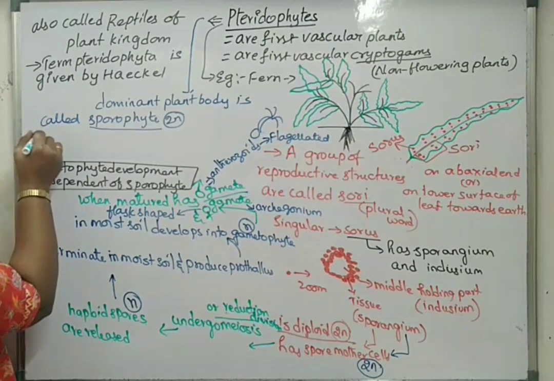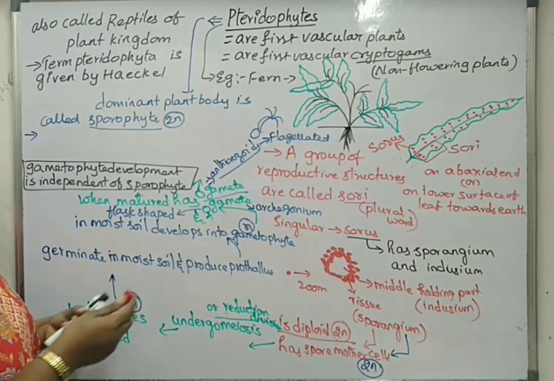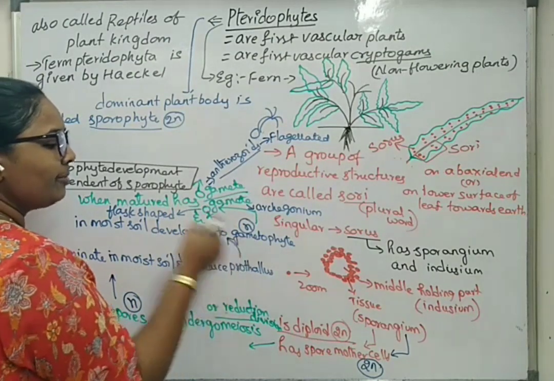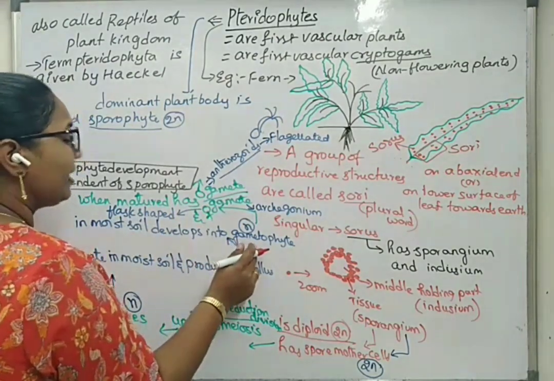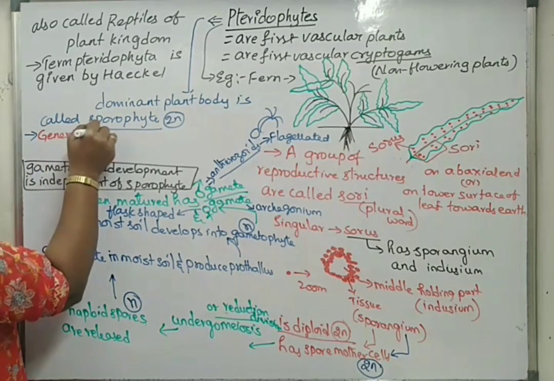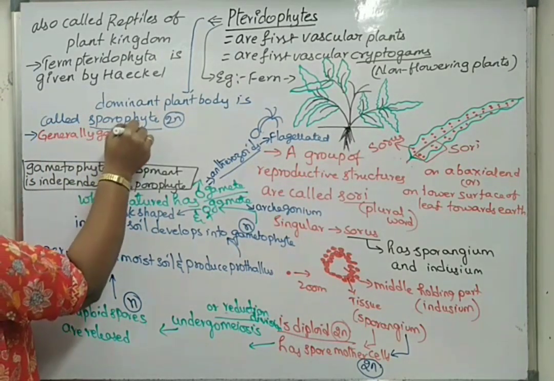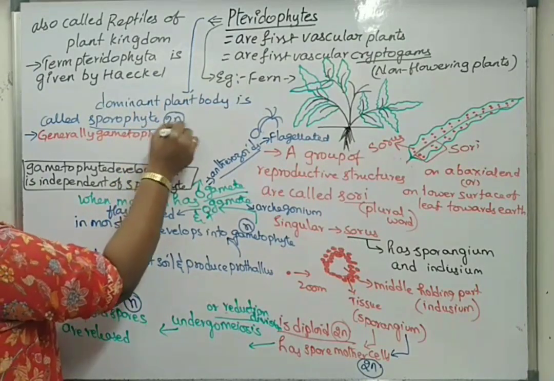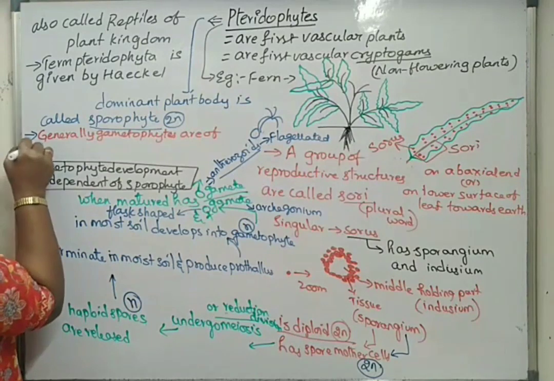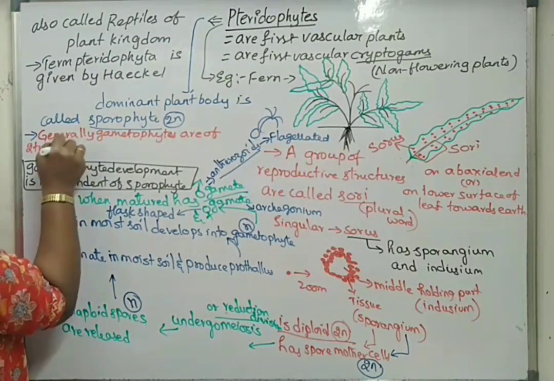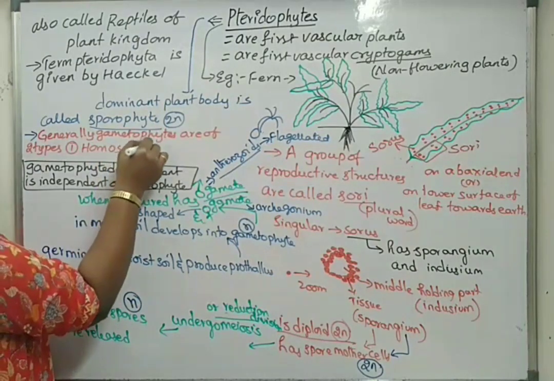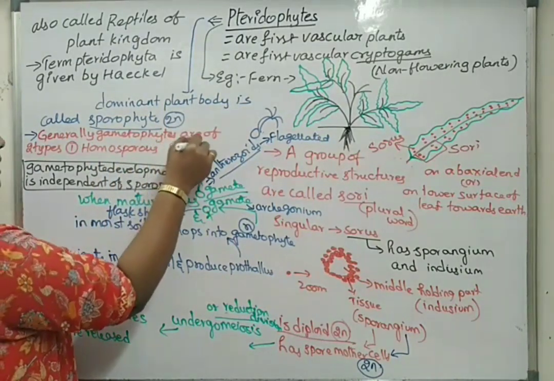Commonly in pteridophytes, male and female gametes are produced from the gametophyte. Generally, pteridophytes are of two types. First is homospores, second is heterospores.